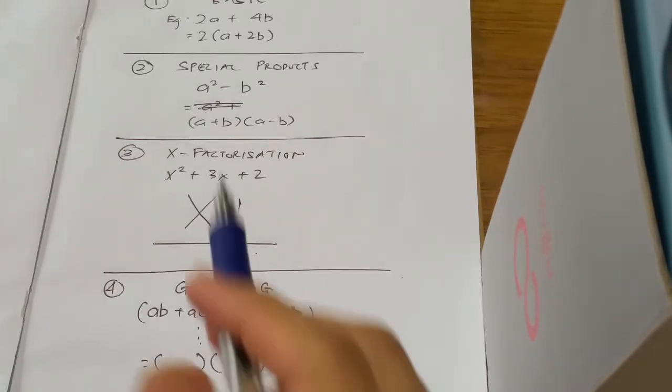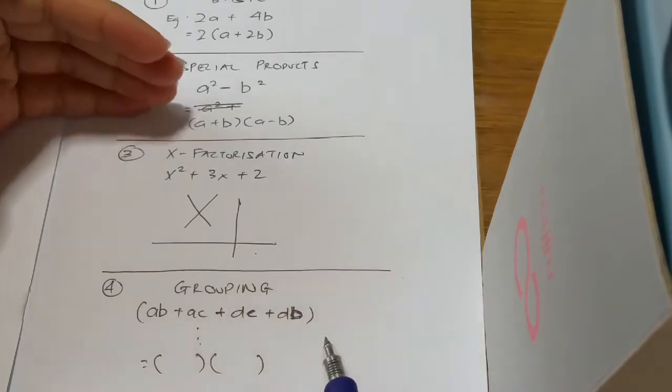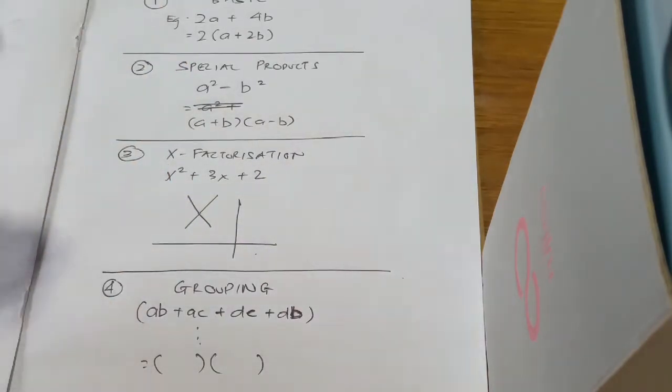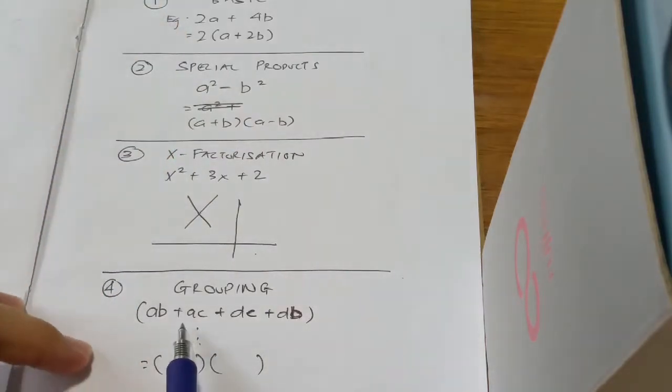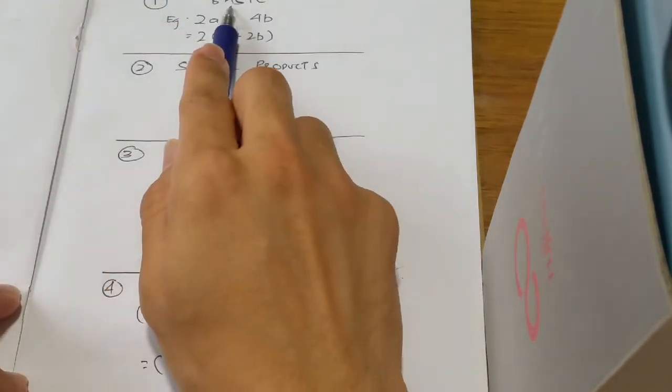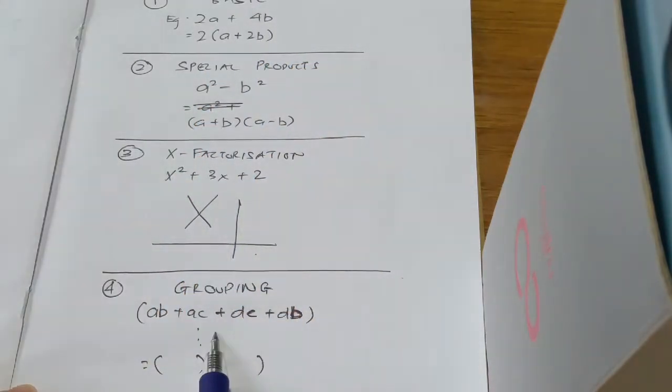But before I end, I would like to remind you that for type 1, type 2, type 3, and type 4, you might have to do basic factorization first before you can apply any of these three.